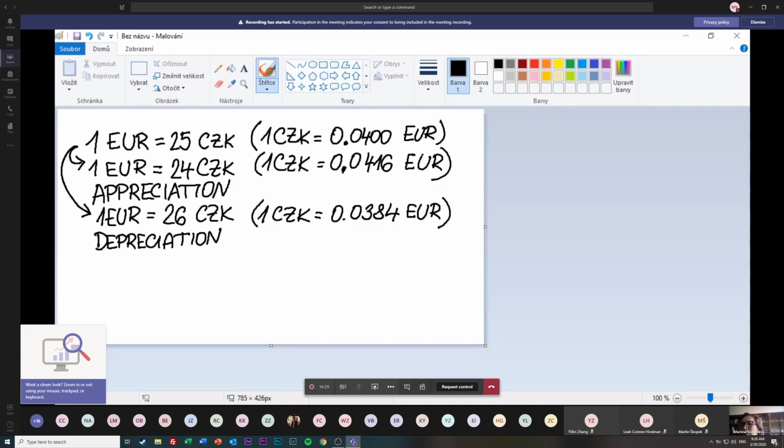So once more, if the supply of the Czech crown is increasing, the price of it is decreasing, the price of the Czech crown is decreasing, and the Czech crown is depreciating.